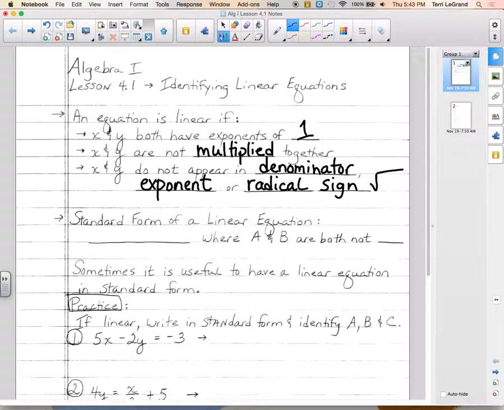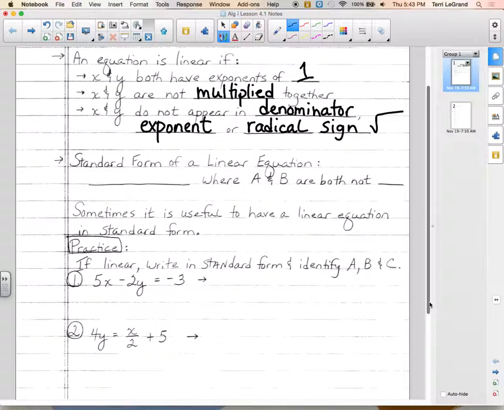So if they're underneath a radical sign, either the x or a y, that disqualifies that equation as being linear. So those are the things we're going to look for when we're deciding if an equation is linear or not. These disqualify it from being linear if any of these things happen. Not all of them have to, just one of them, and it's not a linear equation.